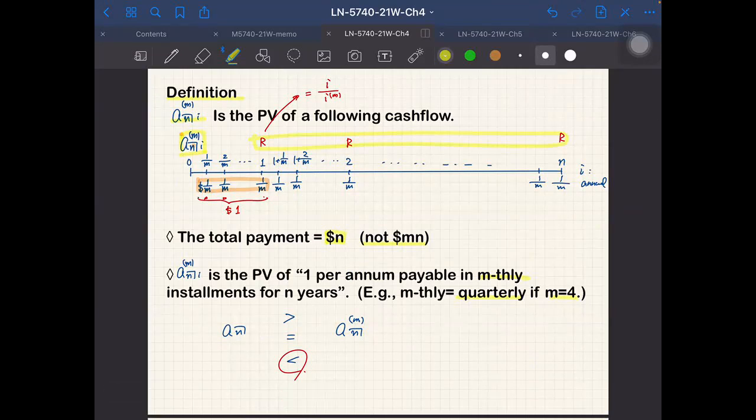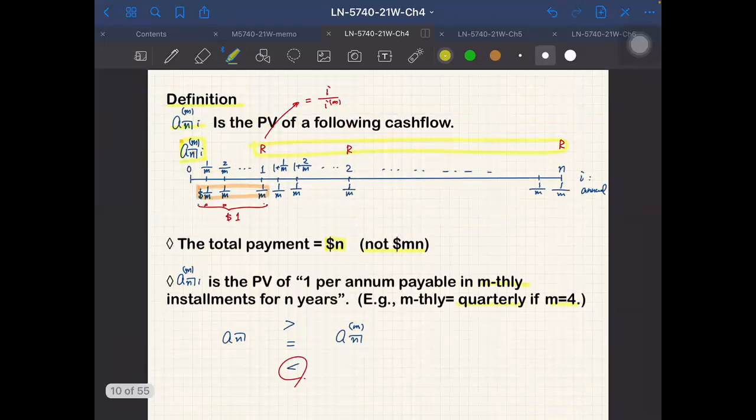We studied the formula A superscript M right angle N. This is the formula to calculate the present value or accumulated value of the more frequent payments. It gives the formula for 1 over M dollars for N years. You can review the formula if you forgot this.